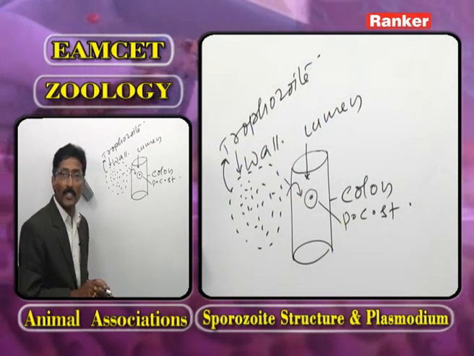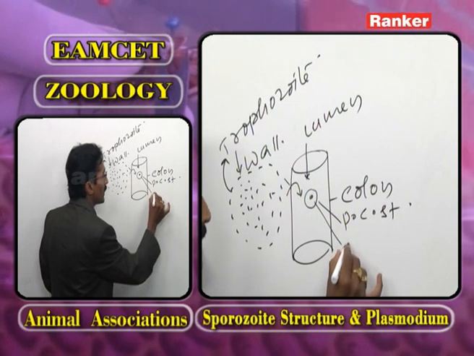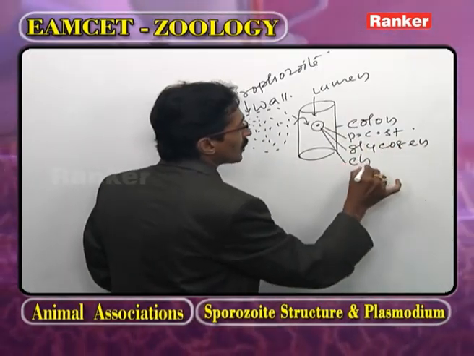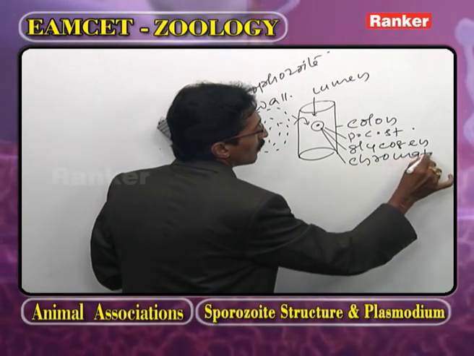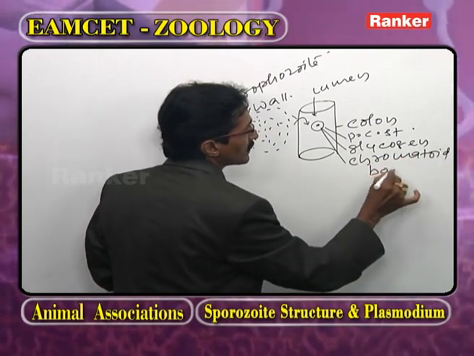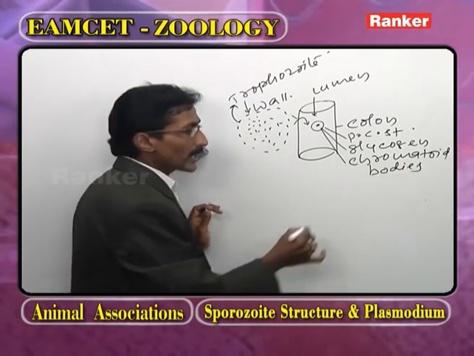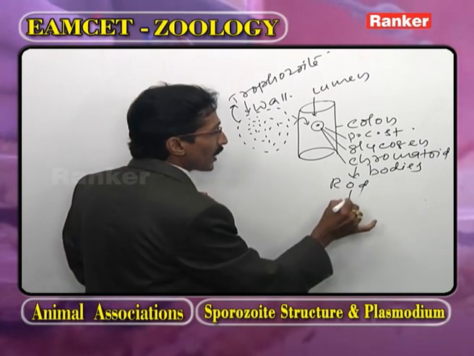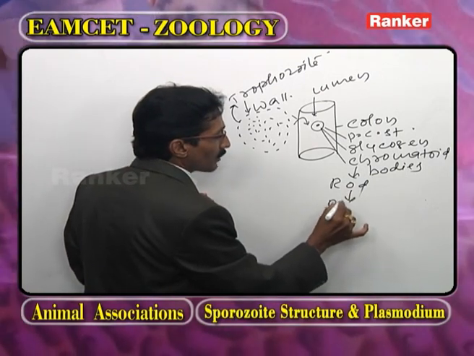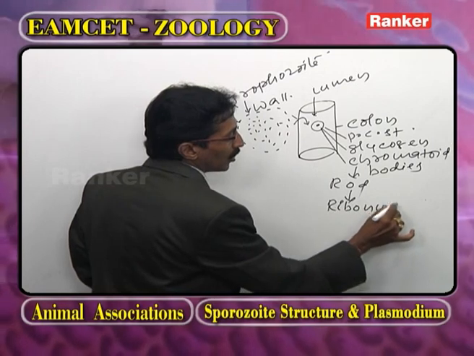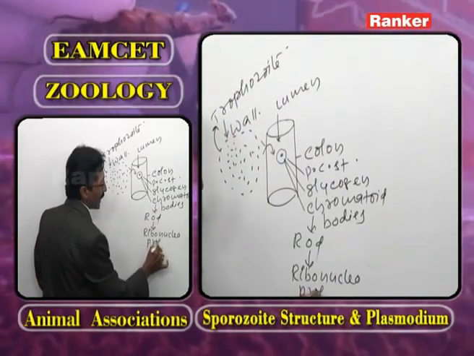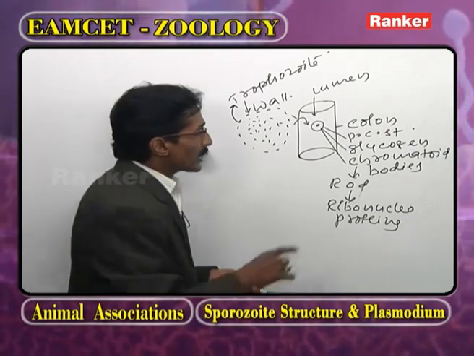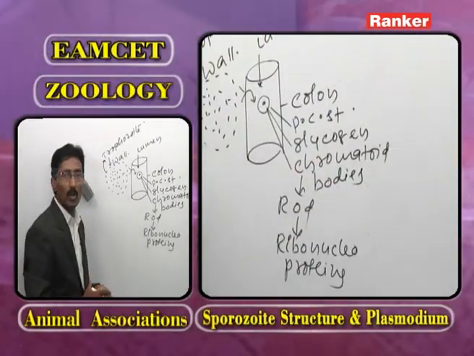In the body of the pre-cystic stage, the glycogen granules and chromatoid bodies are present. What are the chromatoid bodies? They are rod-like, made of ribonucleoproteins. Again, in the pre-cystic stage, the parasite depends on glycogen and chromatoid bodies.